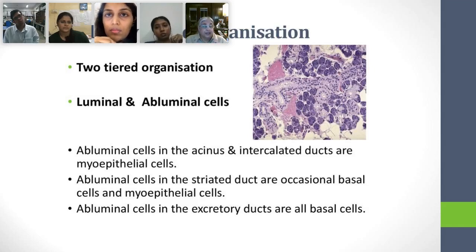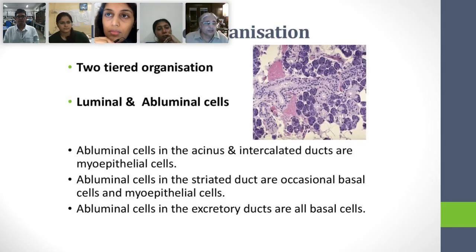Please understand this. There are two layers. They look the same when you look at them on an H&E slide, but you get both myoepithelial as well as basal cells, which have no SMA in them.